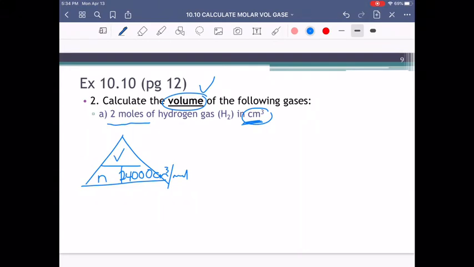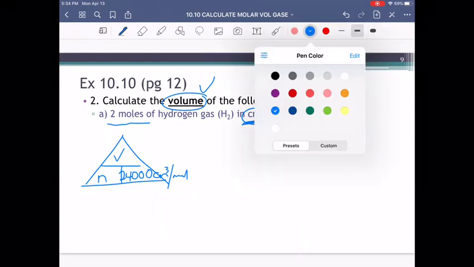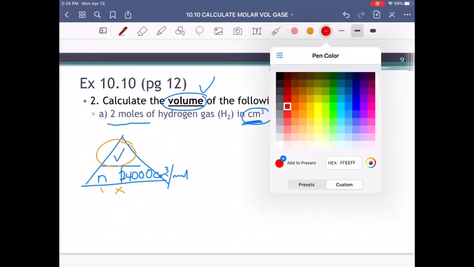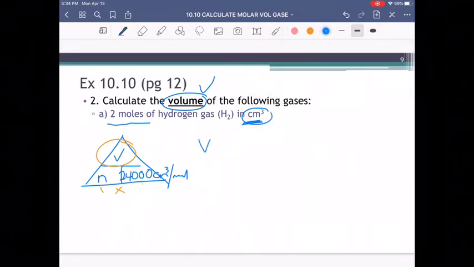Now you want the volume. So volume is equal to number of moles times 24,000. Let's write the formula. Volume is equal to number of moles times 24,000.